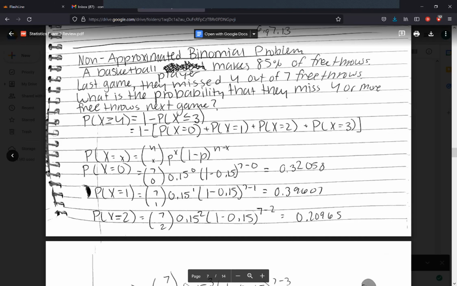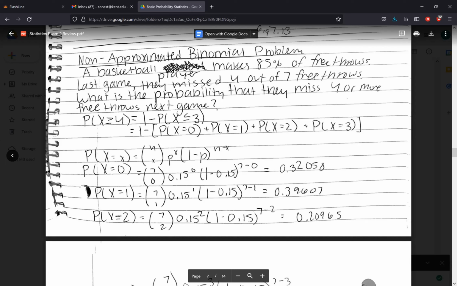So we're trying to find the probability that they miss 4 or more free throws. So that's the probability that X is greater than or equal to 4. And this actually comes from your homework. You could calculate the probability of just X greater than or equal to 4.